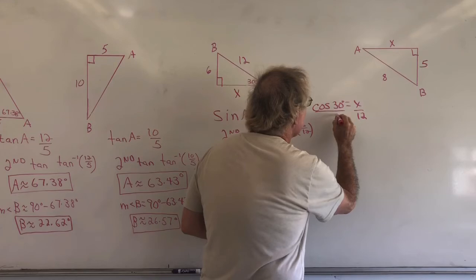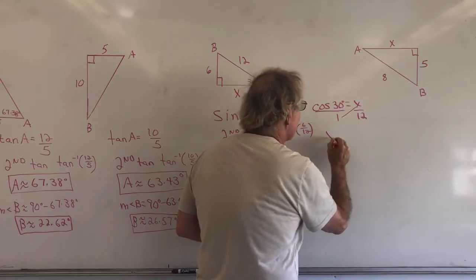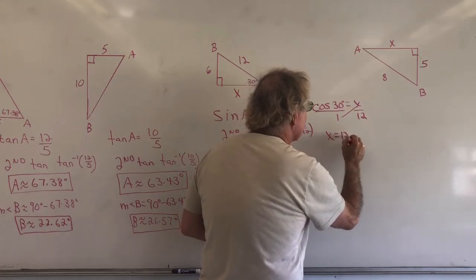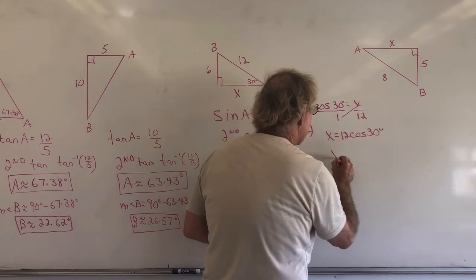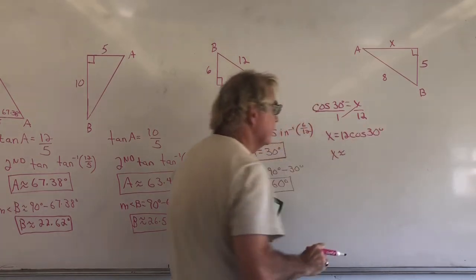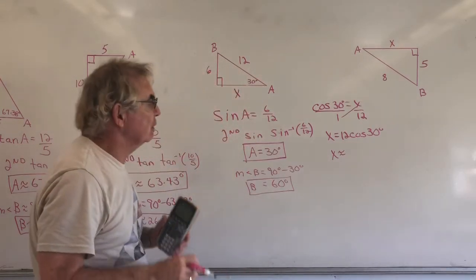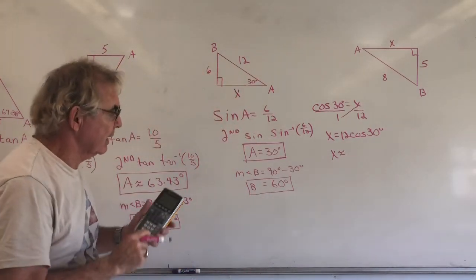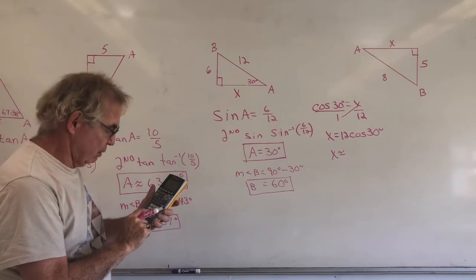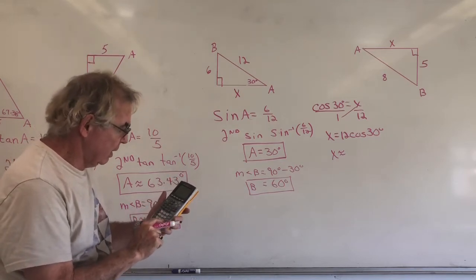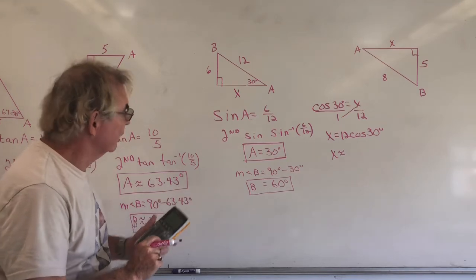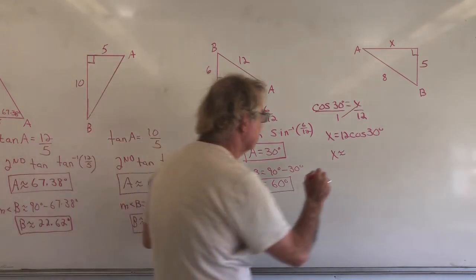So we put a 1 down here and we cross multiply. Now we reach to our calculator. We do not hit second because we are looking for a length, not an angle. So it's 12 cosine of 30, and we get approximately 10.39.